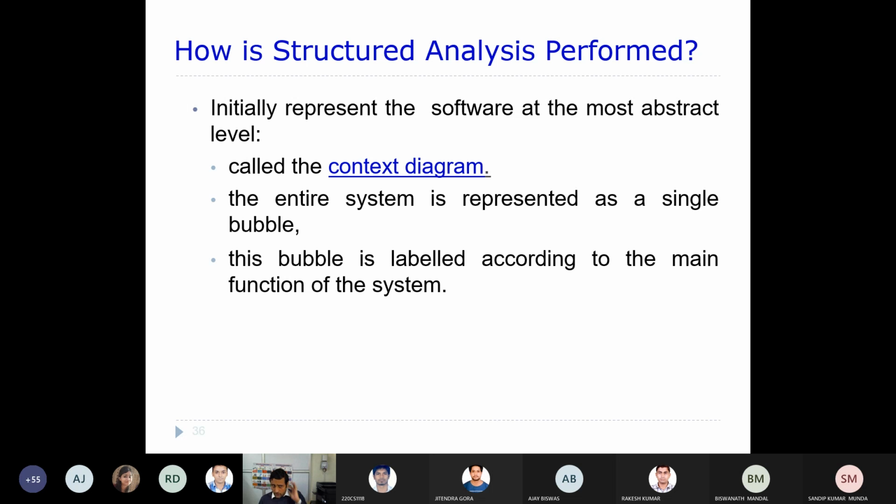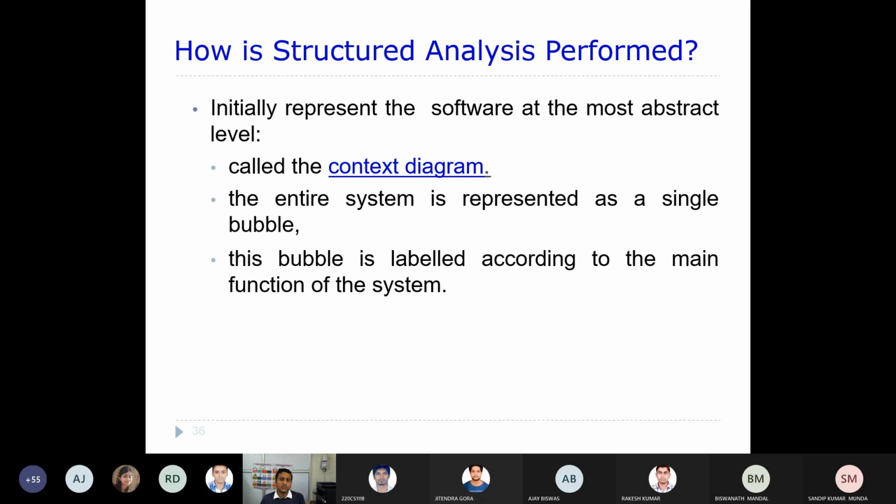Then, how is this structured analysis performed? Let's see. Initially, represent the software at the most abstract level, which is called the context diagram. So we'll start with the context diagram as part of DFD. This is the very basic first diagram, where the entire system is represented as a single bubble. Usually this bubble is labeled according to the main function of the system.